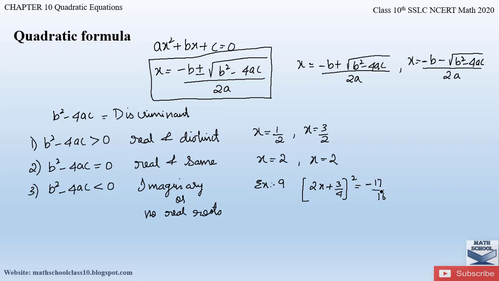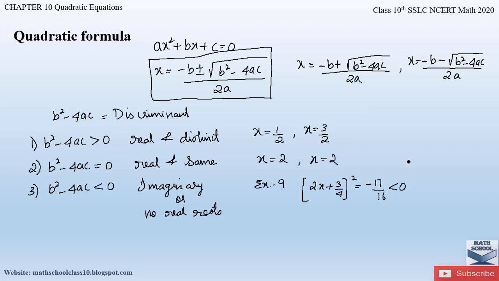This value is negative and less than 0, right? Since this value was negative, we could not take the square root of this term and hence we could not find out the roots. Therefore, if we take the square root of a negative term, we will get some imaginary value. Therefore when b square minus 4ac is less than 0, we will get no real roots, or imaginary values.